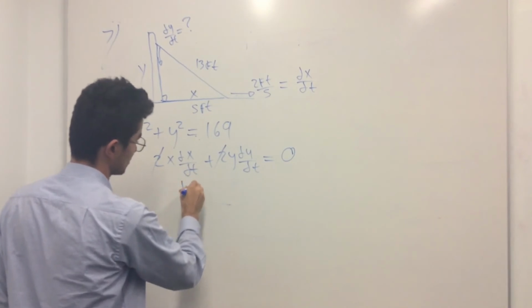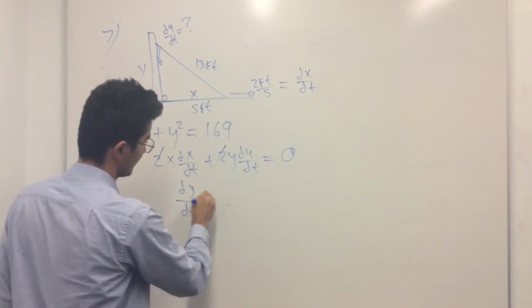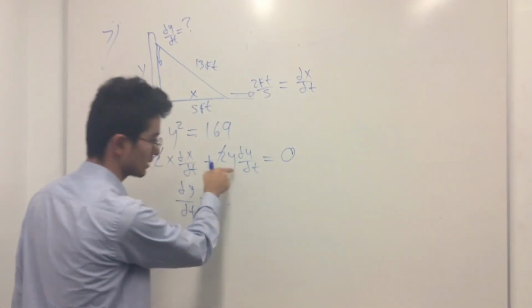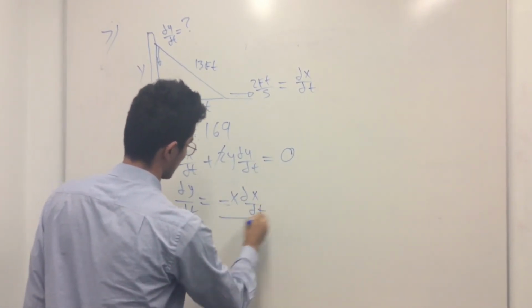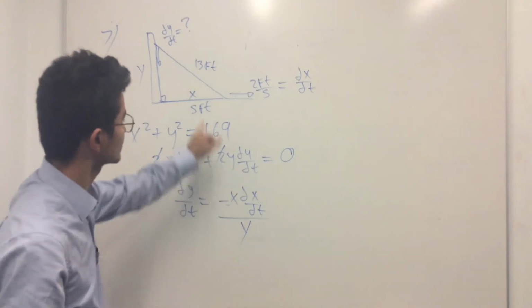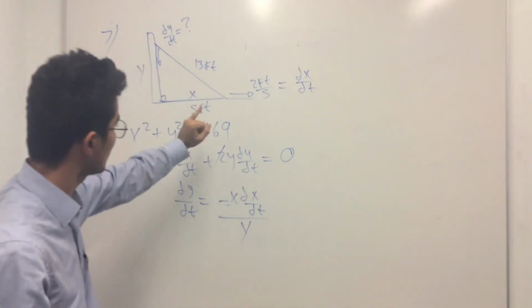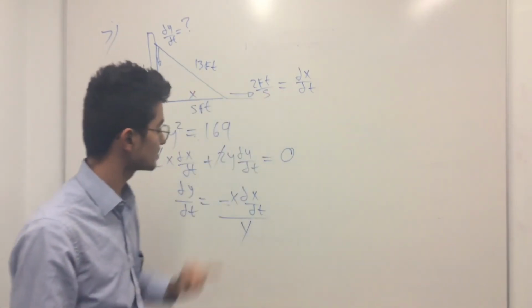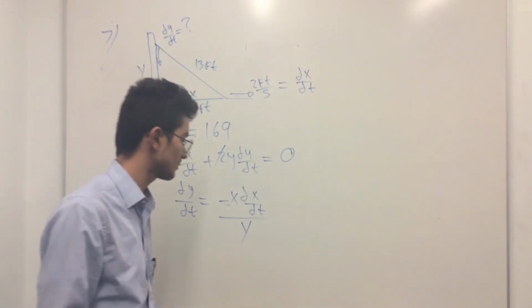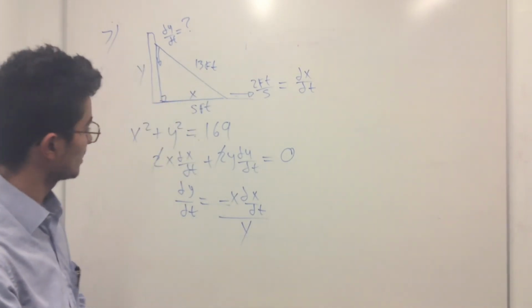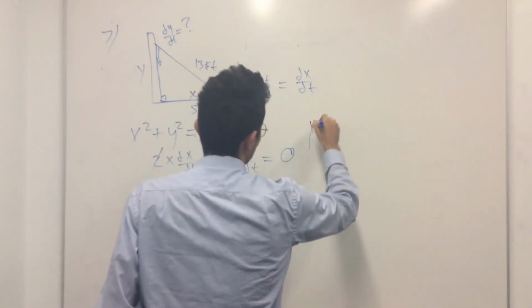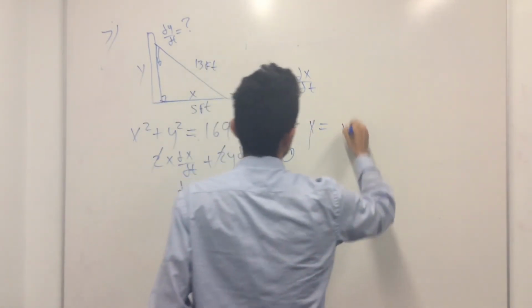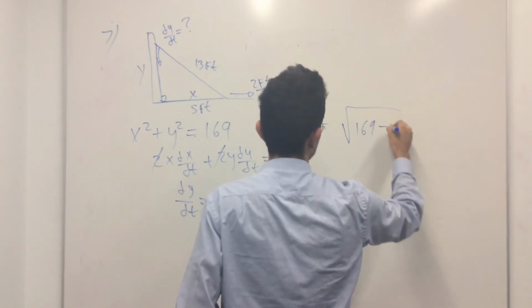We know for sure it's going to be negative. So dy over dt equals, we subtract this, so negative x dx over dt divided by y. We know our x at this instant. We know our dx over dt, that's 2 feet per second. Do we know y? Well, not really, but we could find it using the equation that we made over here. So if we solve for y, y is equal to the square root of 169 minus x squared.